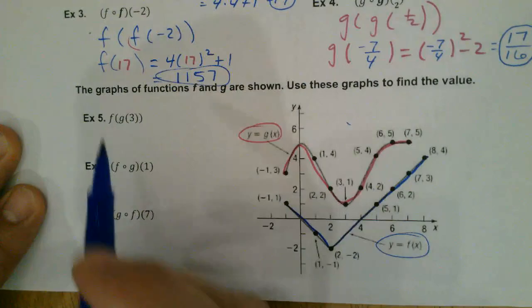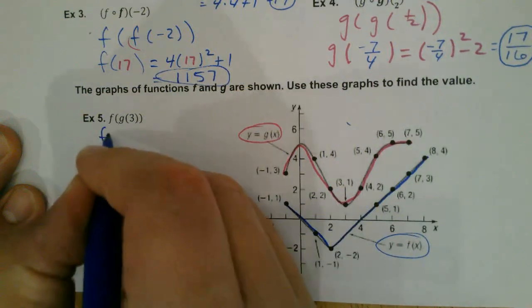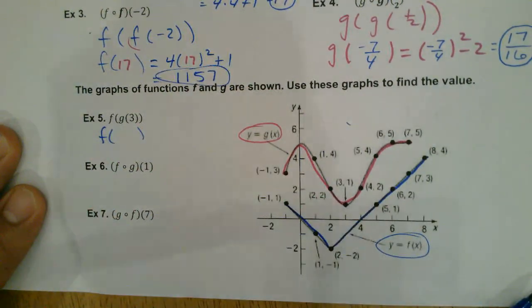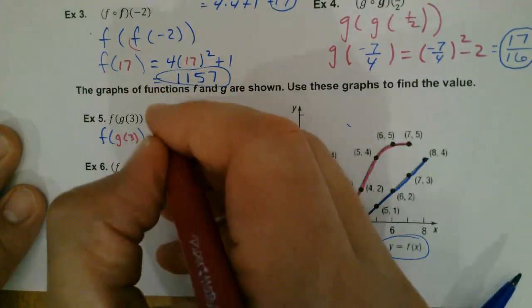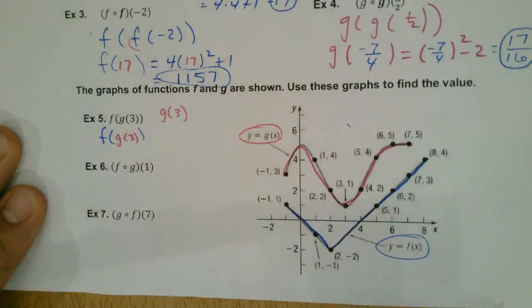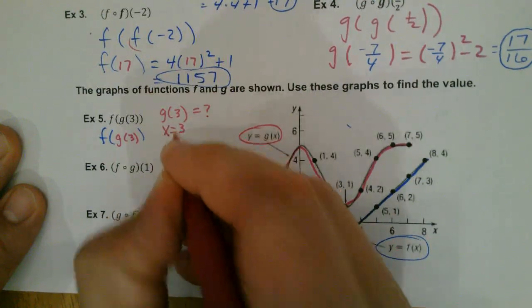So the first question is, okay, example 5. F of g of 3. Can we work inside out? I like to color code this one, g of 3. Well, they're saying, hey, what's g of 3? And again, the big idea is they're saying x marks the spot and x is 3.